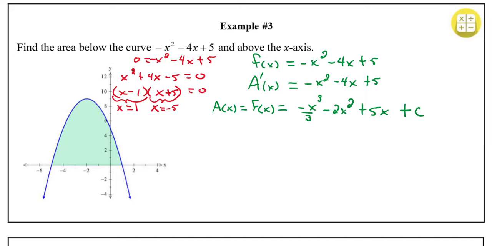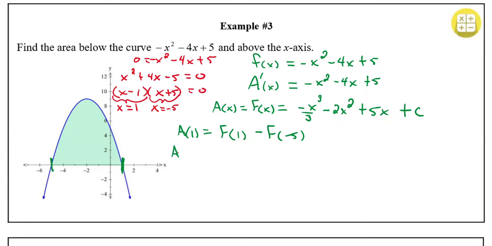Okay, so in general this is what our equation is, but now we need to actually bound it to our x-intercepts. So we'll say the area function at 1, just the upper bound typically, is equal to the antiderivative at 1 minus the antiderivative at negative 5.